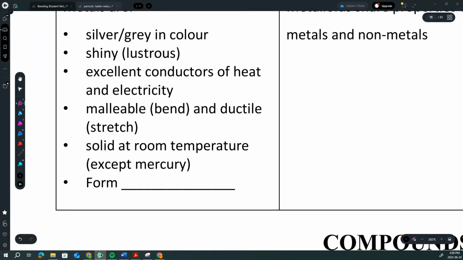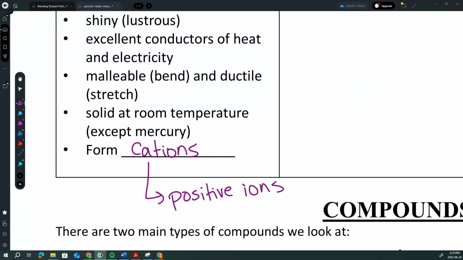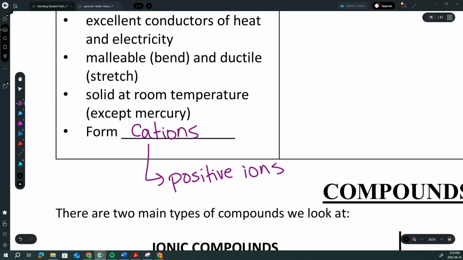And all metals are going to be able to form cations. So as a reminder, cations, those are the positive ions. Now, how you can remember that is cations, the word has a T in it, which looks like a positive sign. So that's how you can remember cations are the positive ions.